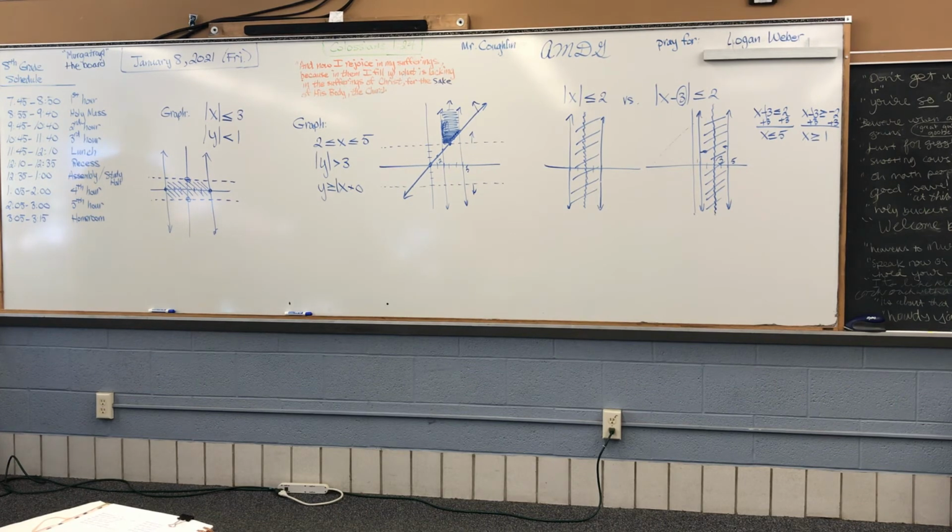Skip number 23. That would be 17 through 29 odd, but skip 23. They were trying to have you graph x cubed plus 4. We're not there yet. So, yeah, go ahead.